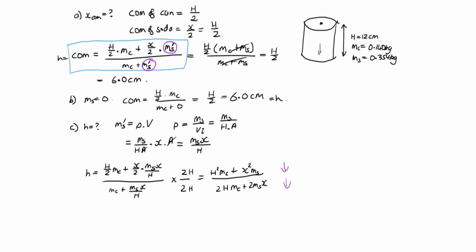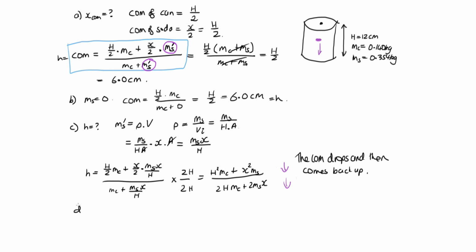So eventually this mass of the soda is 0 and this term doesn't contribute at all. So it's dropping, but it's contributing less and less, which allows it to start coming back up to the center of the can. So when there's no soda left in the can, then the center of mass is back up here. So what happens is the center of mass drops and then comes back up.